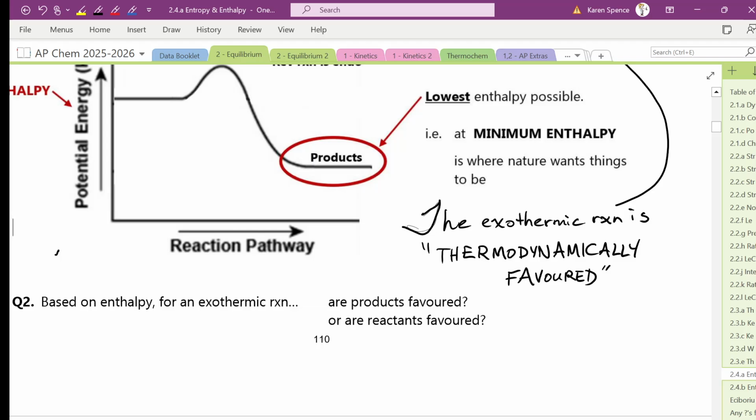Since it's associated with a negative change in enthalpy, since it involves a decrease in enthalpy.